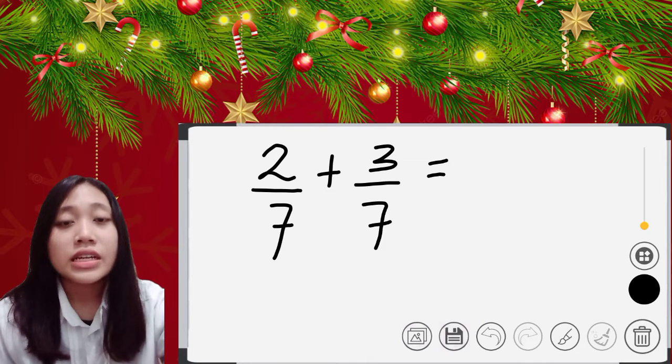So, if the denominators are the same, then we can directly operate the numerator. So, 2 plus 3 equals 5, and the denominator is still 7. So, the answer is 5 over 7.